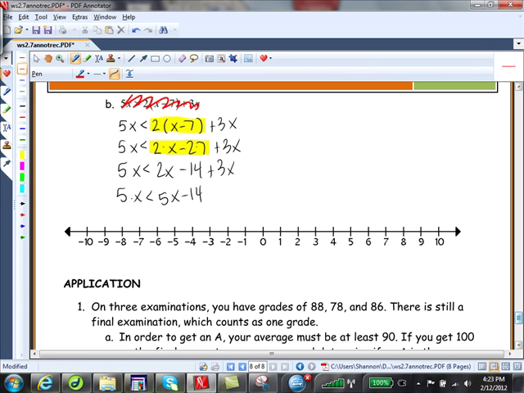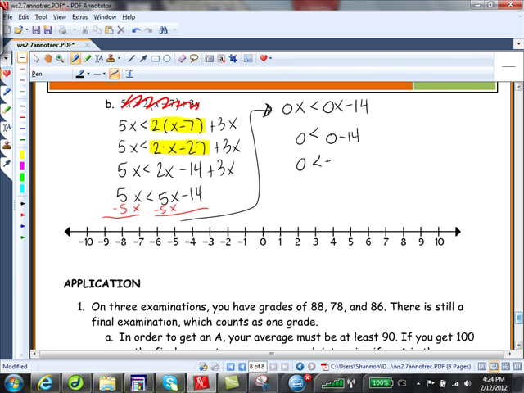Now if I subtract 5x from both sides, I will get a result of 0x is less than 0x minus 14. 0 is less than 0 minus 14. 0 is less than negative 14.